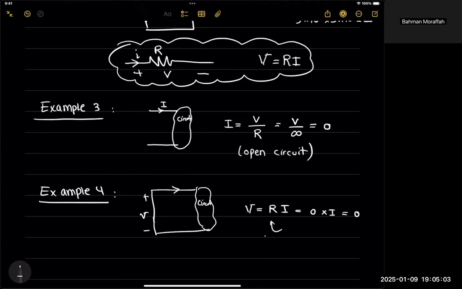This is called short circuit. So whenever we're talking about a short circuit, what we mean is that there is no resistance there, the resistor is 0, and therefore the voltage drop there is actually 0. Right? Very, very simple.